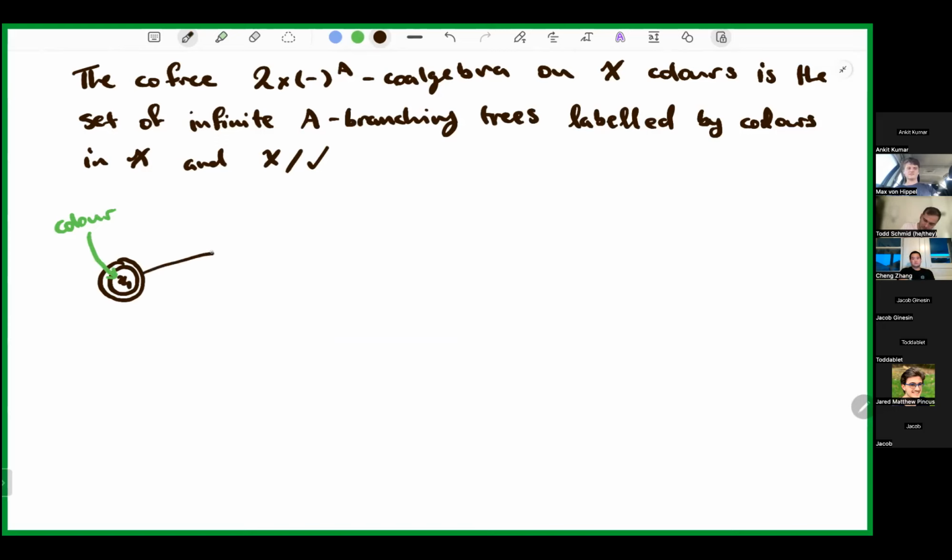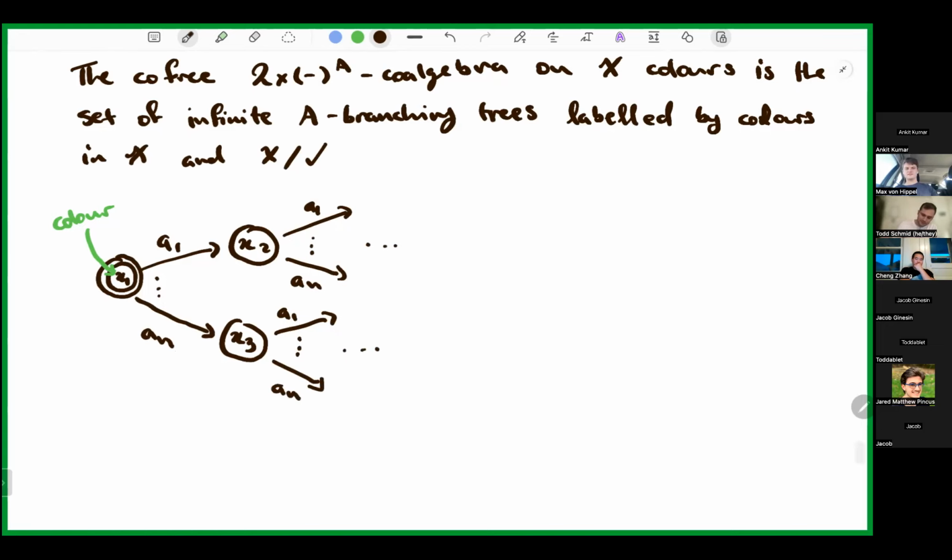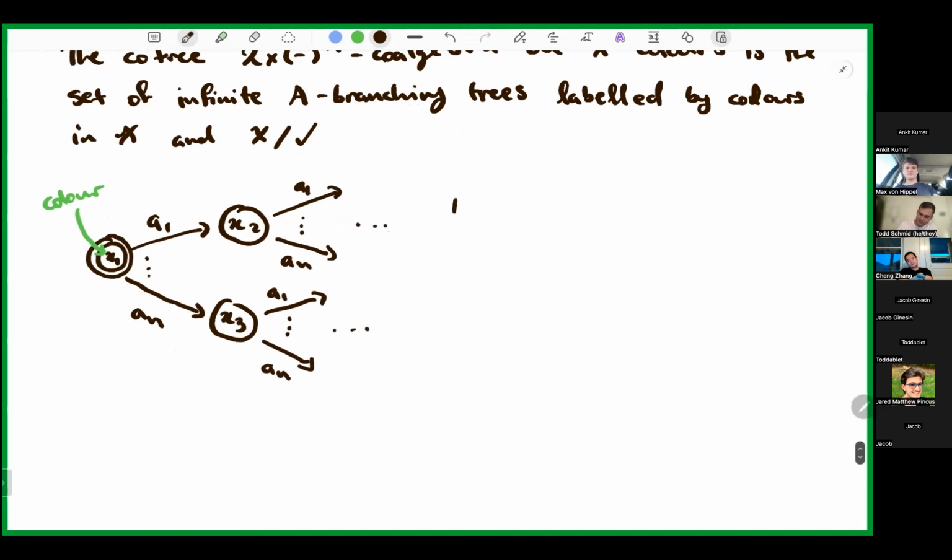And there's going to be an outgoing parent-child relationship for each one of the letters in A. So let's call this X2, X3, and each of these is going to have A1 down to AN, and so on and so forth. They're infinite trees.